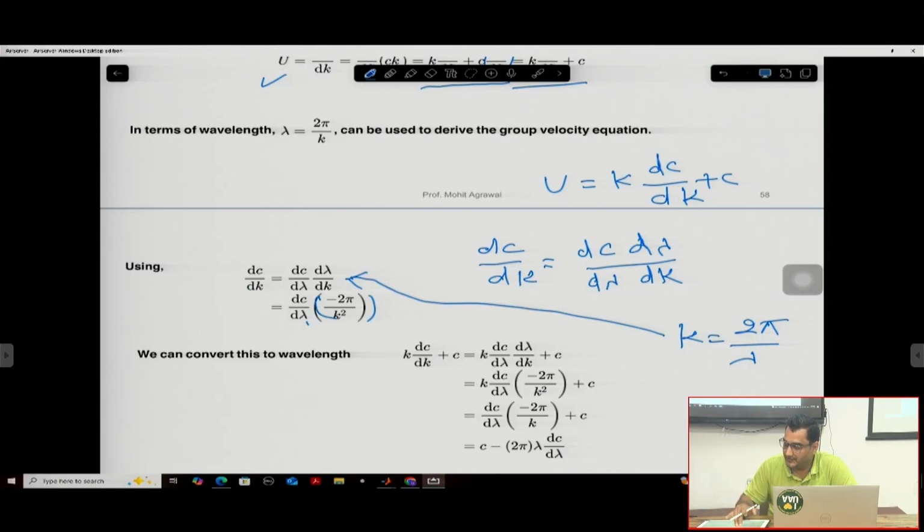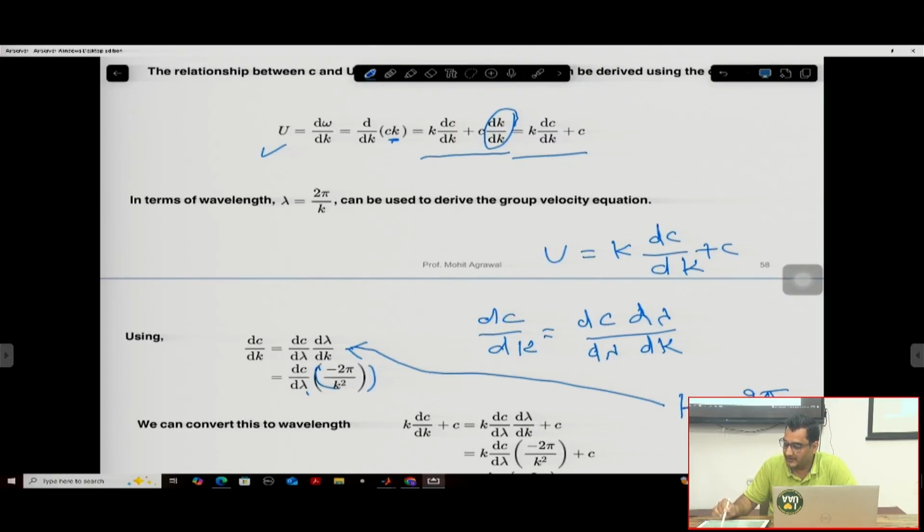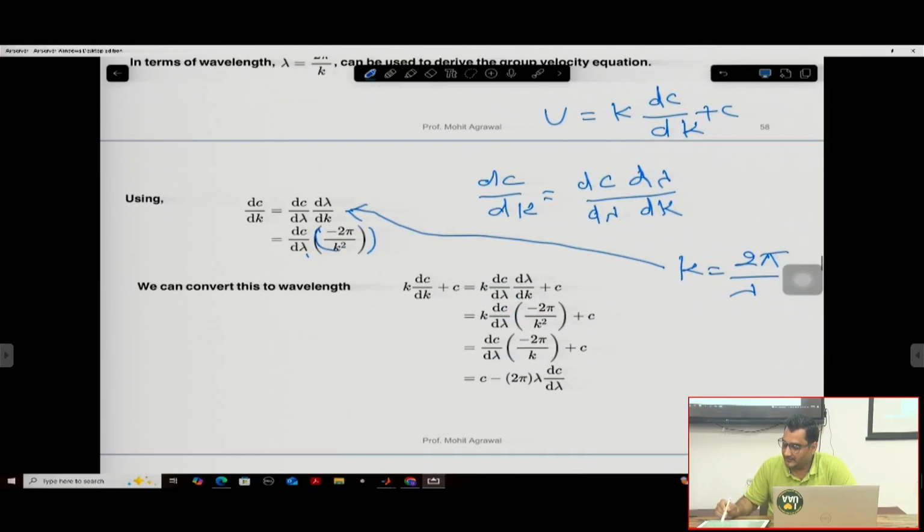From the previous equation, k dc by dk plus c is equal to u, so we can again multiply the numerator and denominator by d lambda, and we saw that this particular thing is nothing but this, and we incorporate it here.